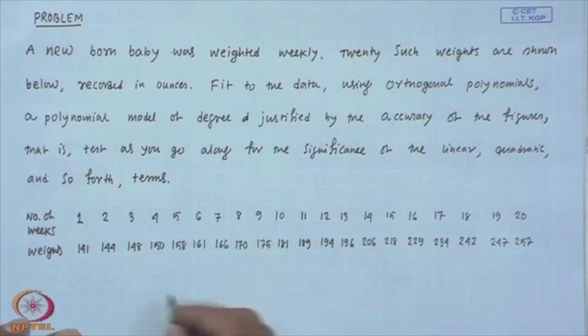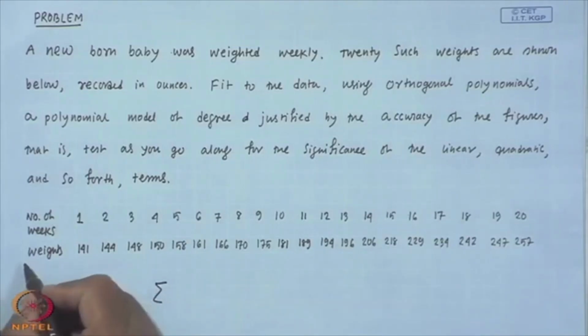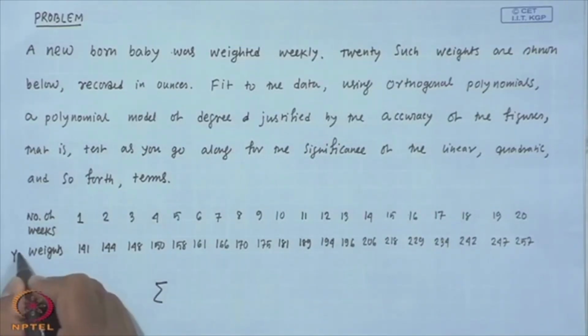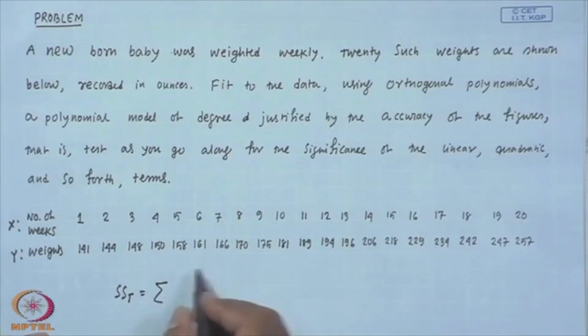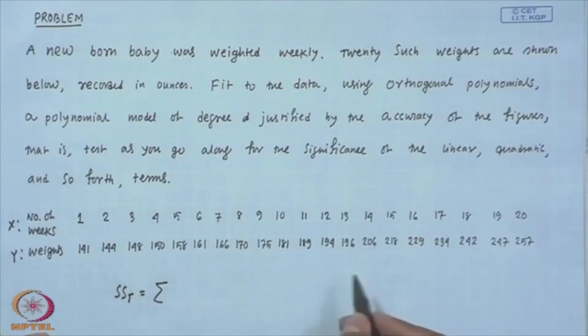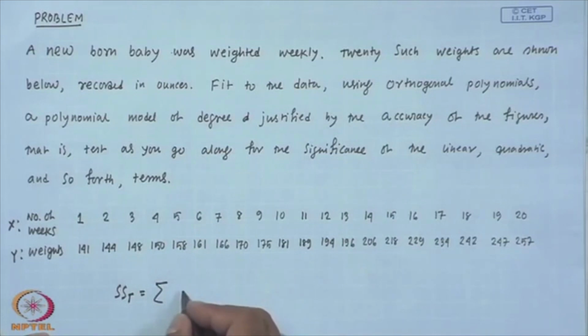So, given this, you first compute the total variability in the response variable. The response variable here is y, the weight, and this is x. You compute SS total first, to check the variability in y about the mean, that is y I minus y bar square.